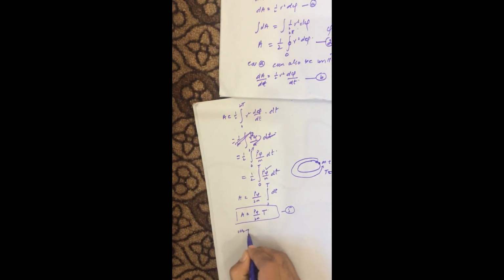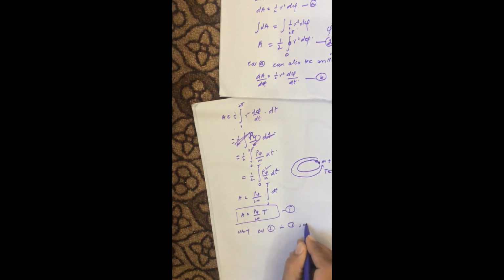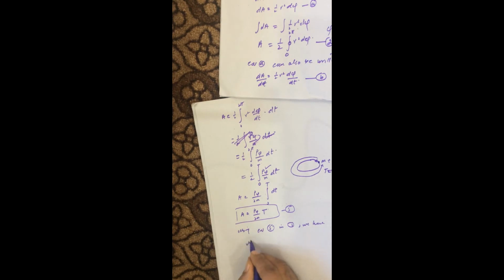Using equation 5 and 1, we have the magnetic moment. Equation 1 is this one, E A over cT.